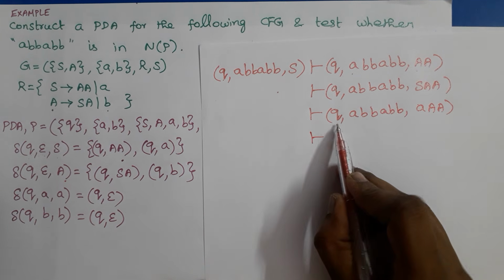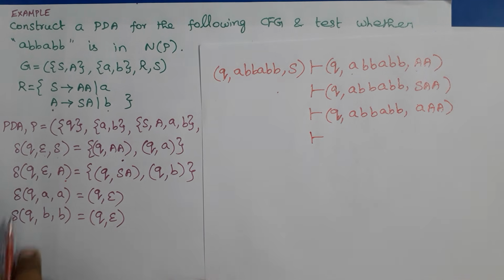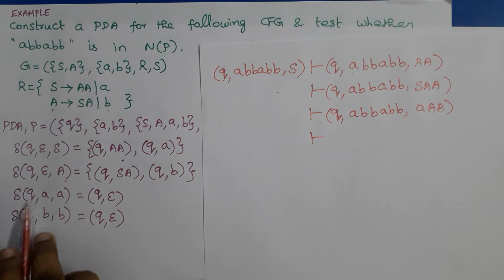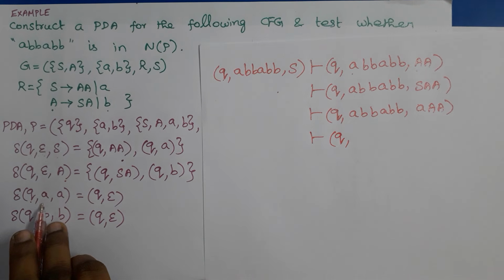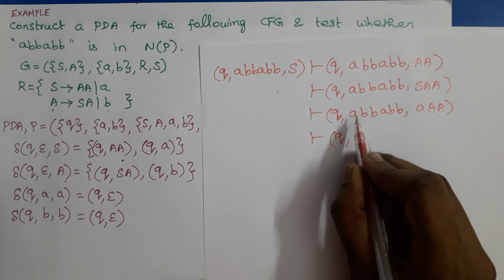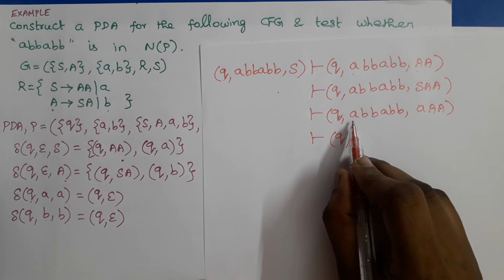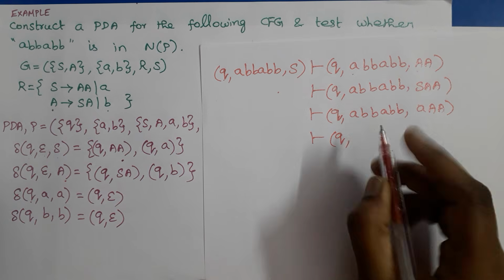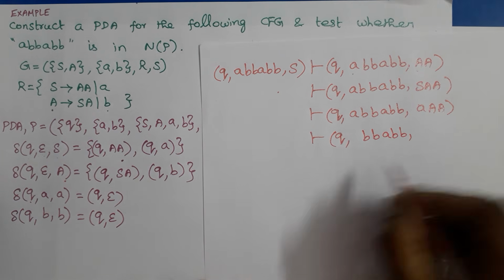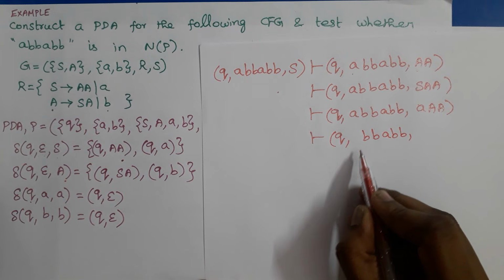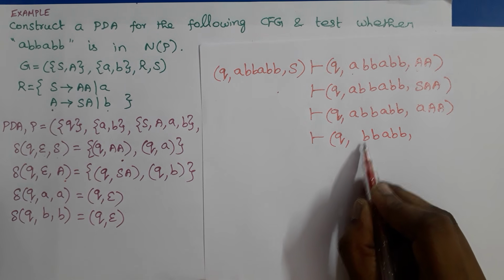So now we have got Q, A, A, delta of Q, A, A. So the next state is Q. Here A is considered as an input, so it should be removed from the input string. The finite control now points to the next input. Okay, this input is consumed. So the input pointer points to B.